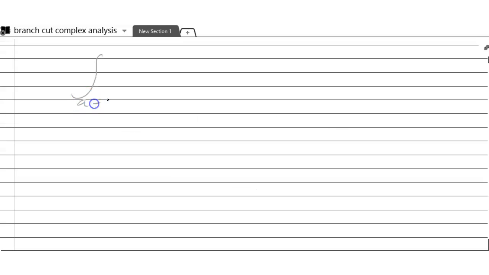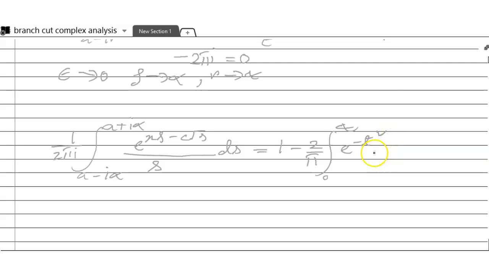Then we have the integration from a minus i infinity to a plus i infinity of 1 by 2 pi i e to the power xs minus c root over s, divided by s, ds, which is equal to 1 minus 2 by pi, integral from 0 to infinity of e to the power minus t square, sine of ct by root over x, divided by t, dt, equals 1 minus erf of c divided by 2 root over x.